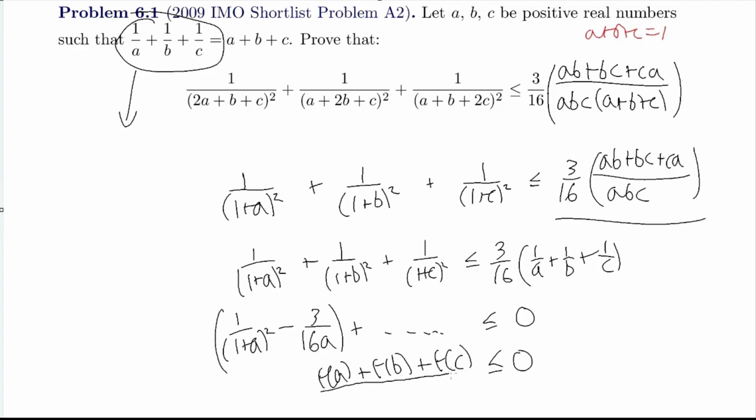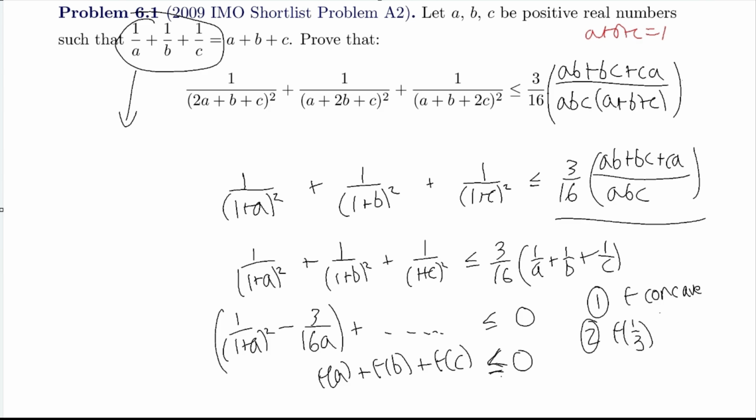Now, this sum of functions should immediately ring a bell because it's just Jensen's inequality. When we try using Jensen's inequality, we want to prove two things. One, that f is concave, because that's the only way we can get this less than or equal to sign here. And the second thing we want to prove is that f of a plus b plus c over 3 is actually equal to the right-hand side. Now, f of a plus b plus c all over 3 is just f of 1/3.